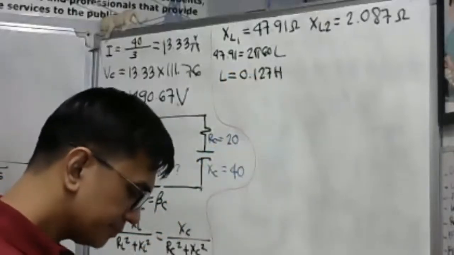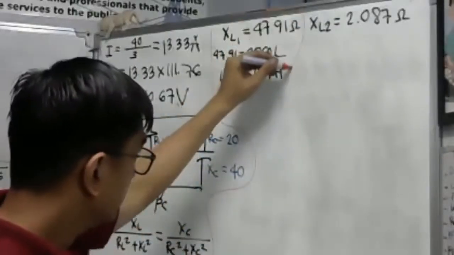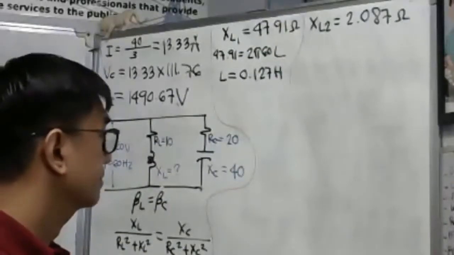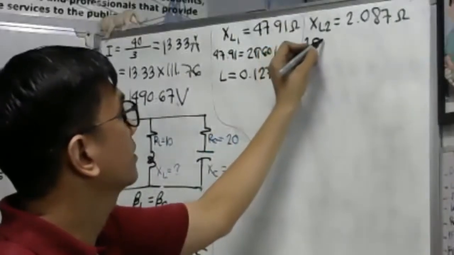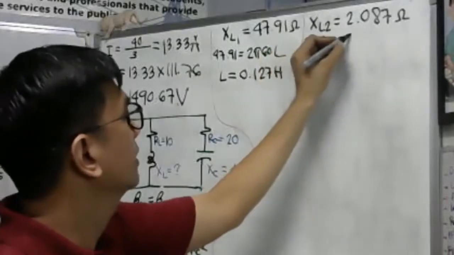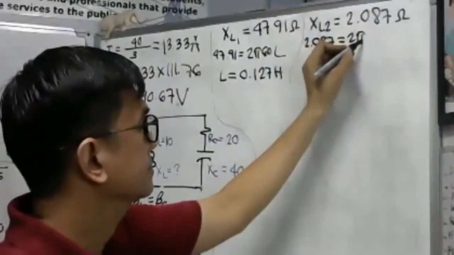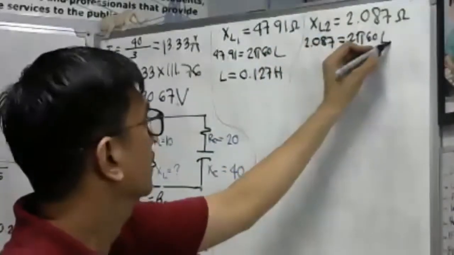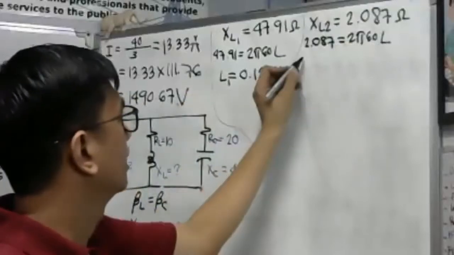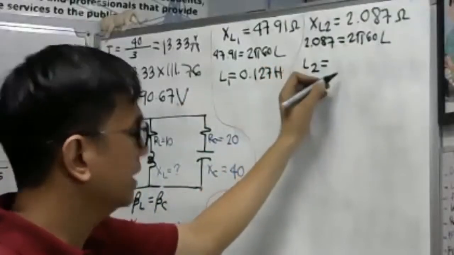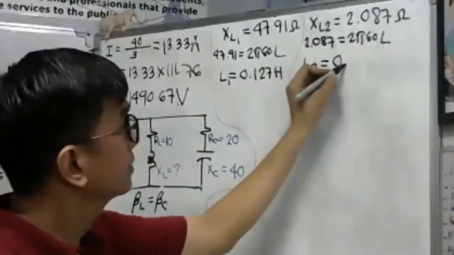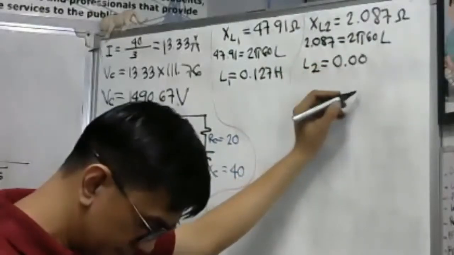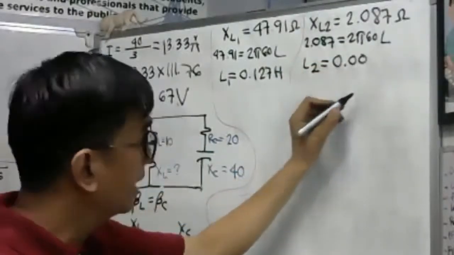For XL2, 2.087 is equal to 2 pi 60 L. The second value, L2, is 0.0000554.